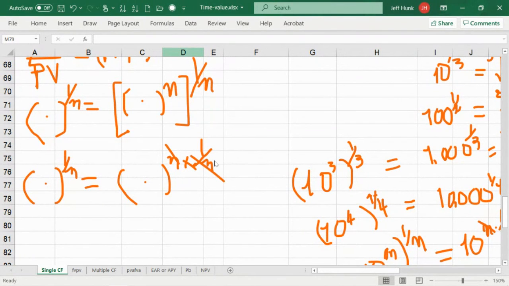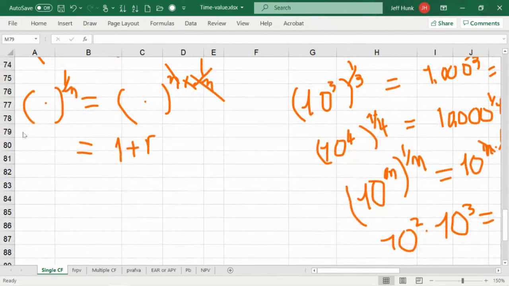These two will cancel out. It will become just 1, right? Now our problem is a lot easier, because we don't have any exponent. We have freed up the right-hand side. So the right-hand side is 1 plus r now. But the left-hand side is still the thing in the bracket raised to 1.